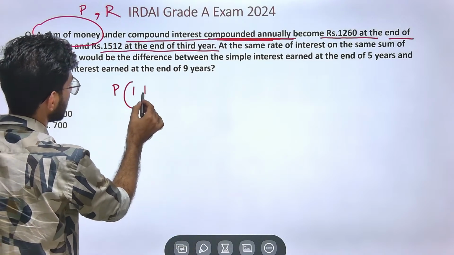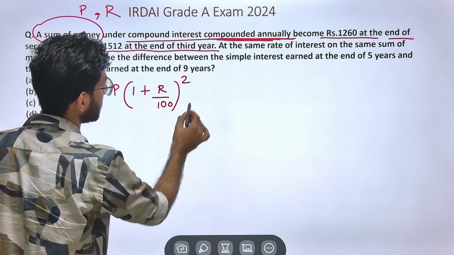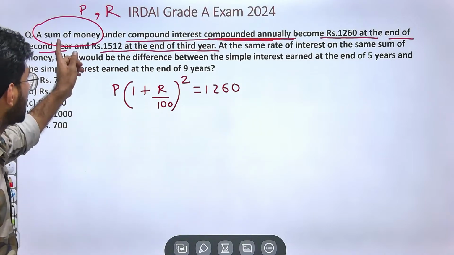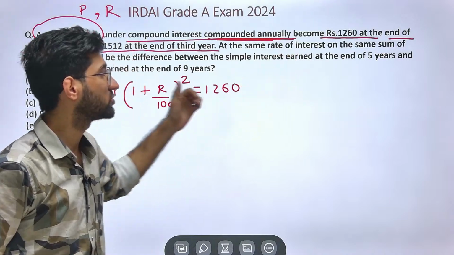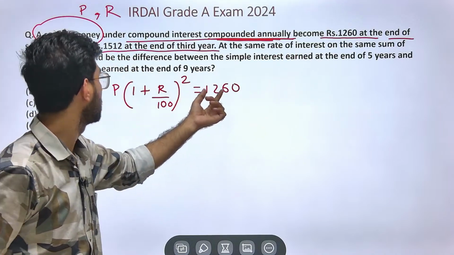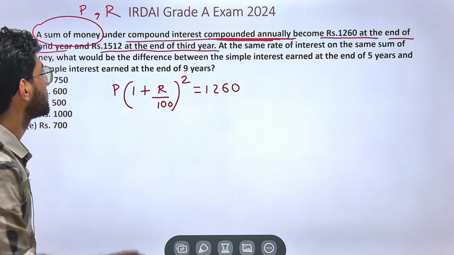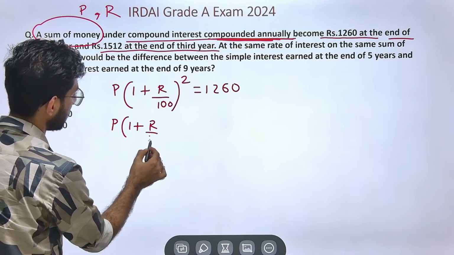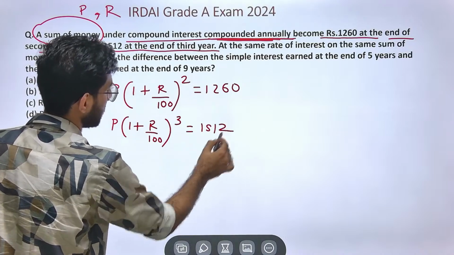We can write P into (1 plus R by 100) to the power 2 is equal to 1260, right? And at the end of the third year it becomes P into (1 plus R by 100) to the power 3, that is equal to 1512.